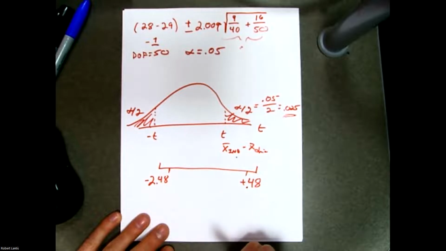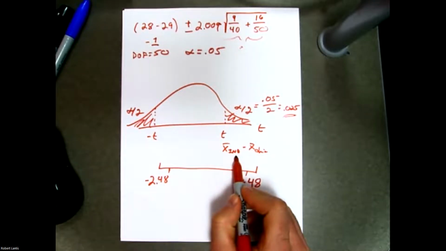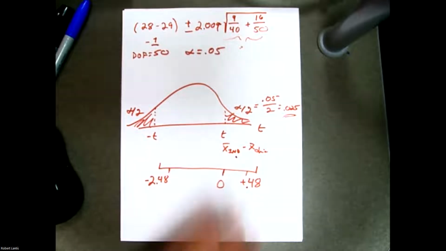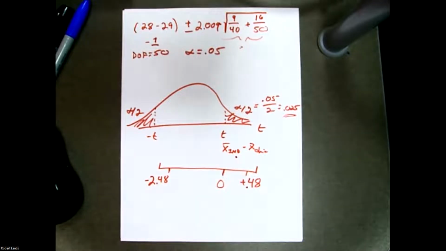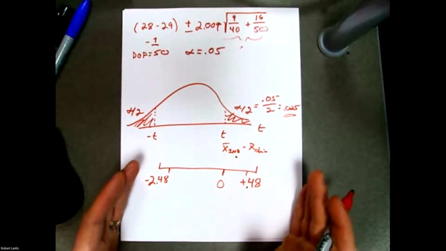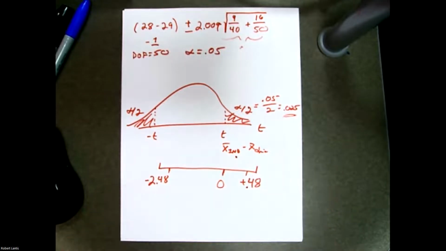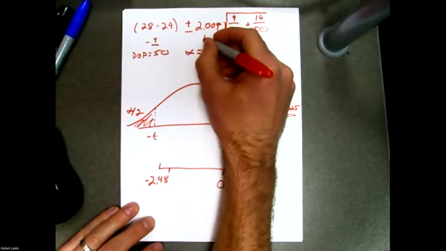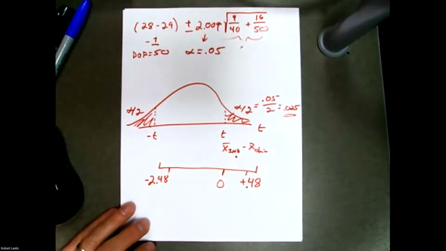Some of the values are negative, which would imply that Indiana's is lower. And in fact, one of the values is even 0, which would mean that they have exactly the same. So if my confidence interval crosses over 0, I really can't say anything about if one group is higher or lower.